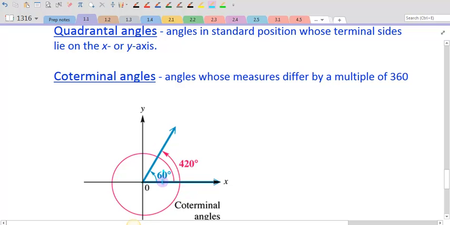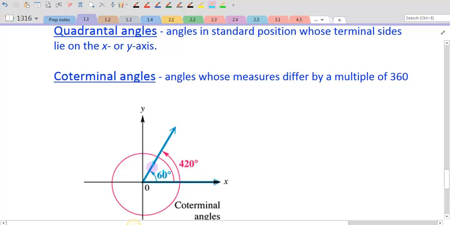Now, if I were to start here on the x-axis, rotate 60 degrees, I would end on this blue line. Okay, so if I made that rotation, like it shows, I have 60 degrees. But what if I started again on the x-axis? I rotated all the way around one time plus 60 more degrees.